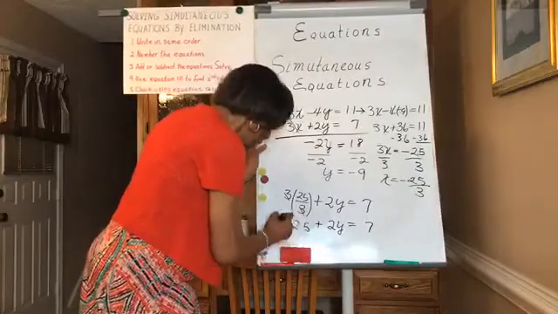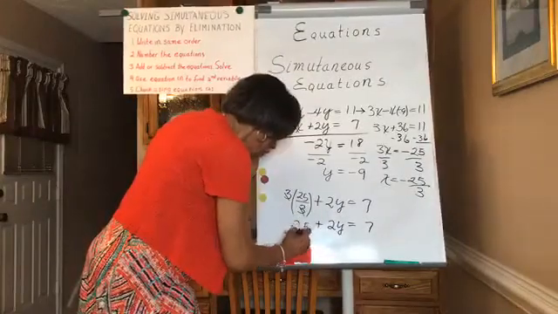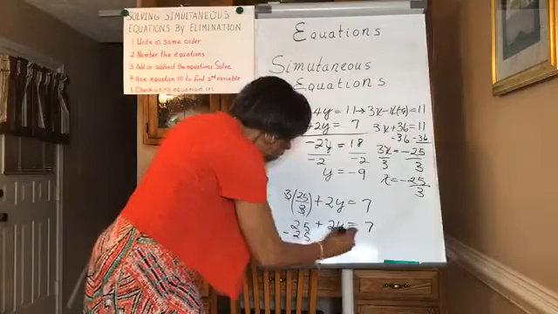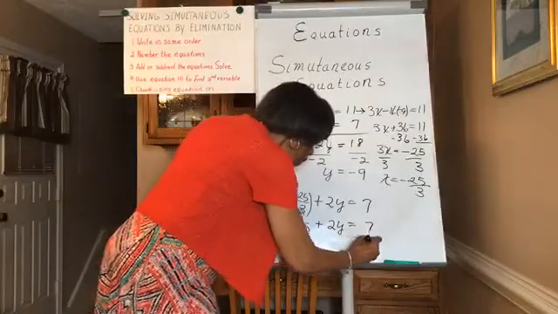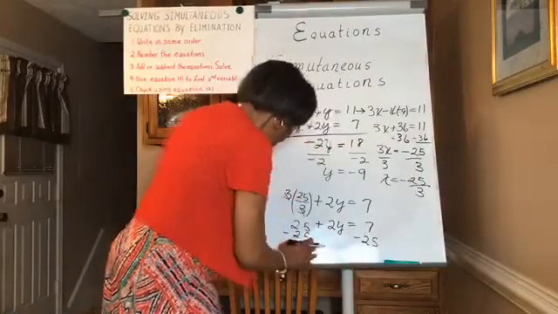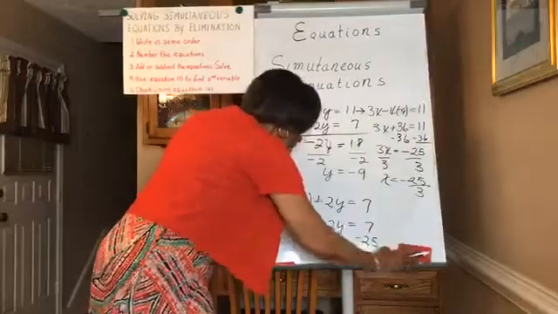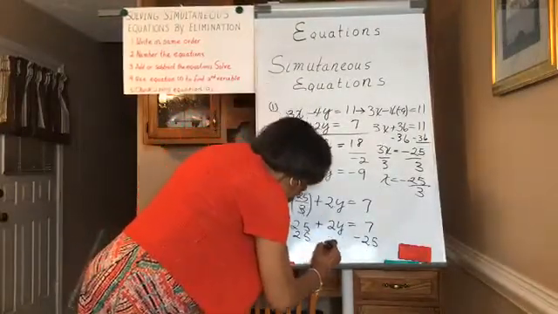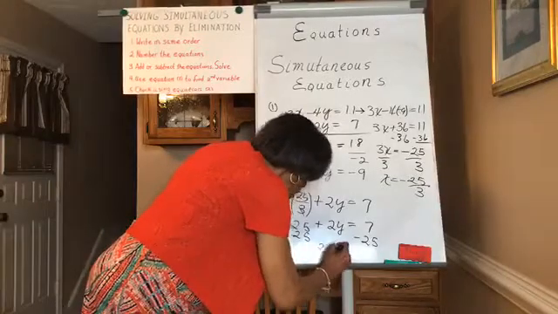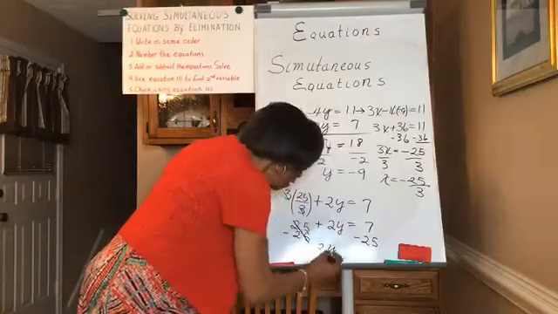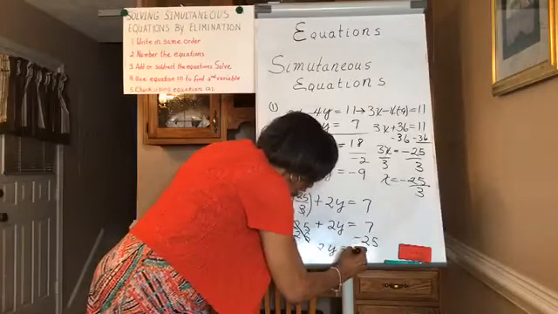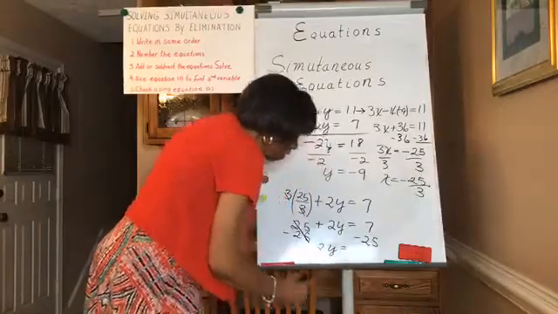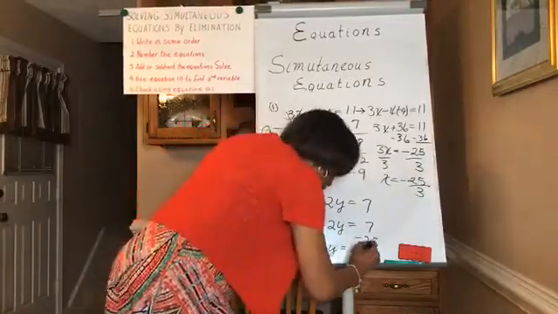And we subtract 25 from both sides. Okay. And we end up with 2y, because this canceled out, equals negative what? 18.